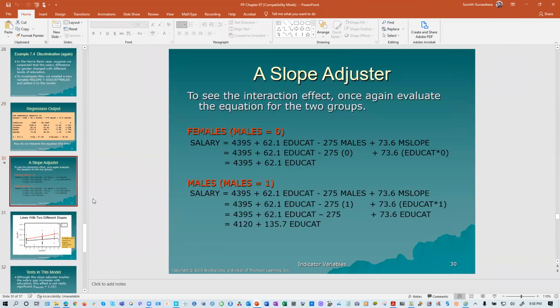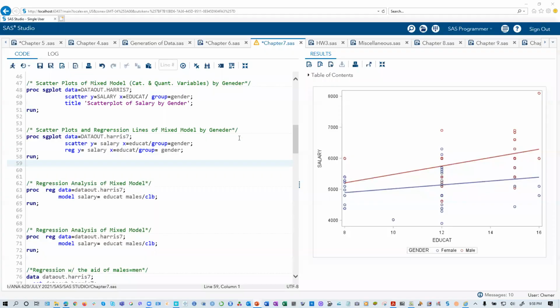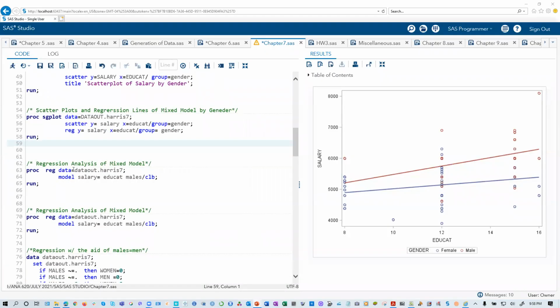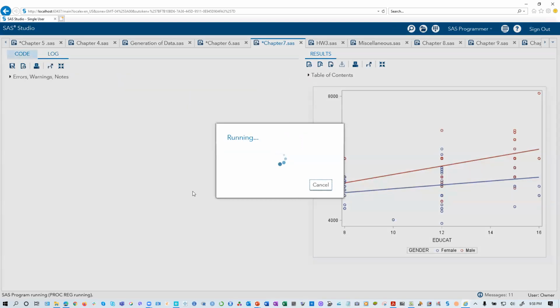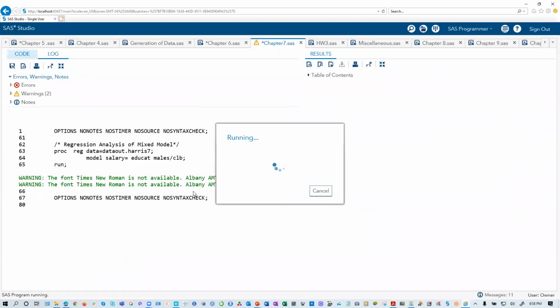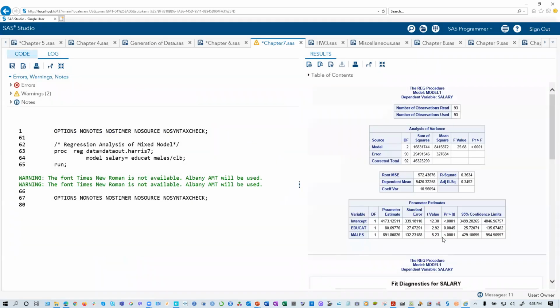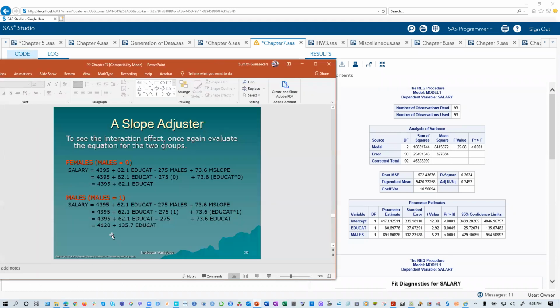Okay. If you run this regression, let's see what's going to happen. Run the regression and see. You see anything here? 4173. 4173, 80, we don't have that one.